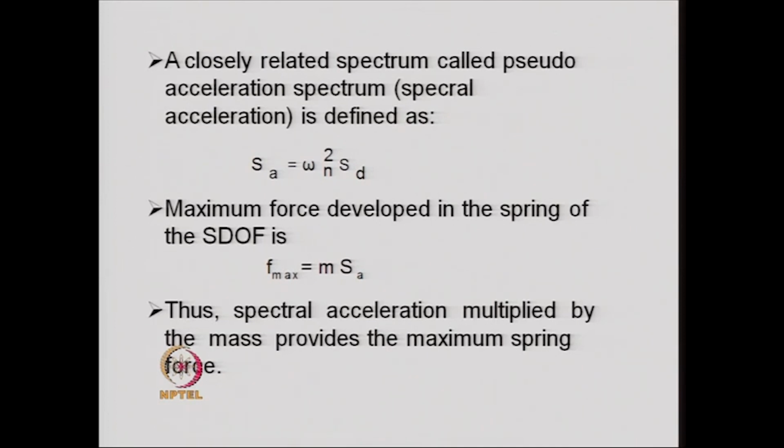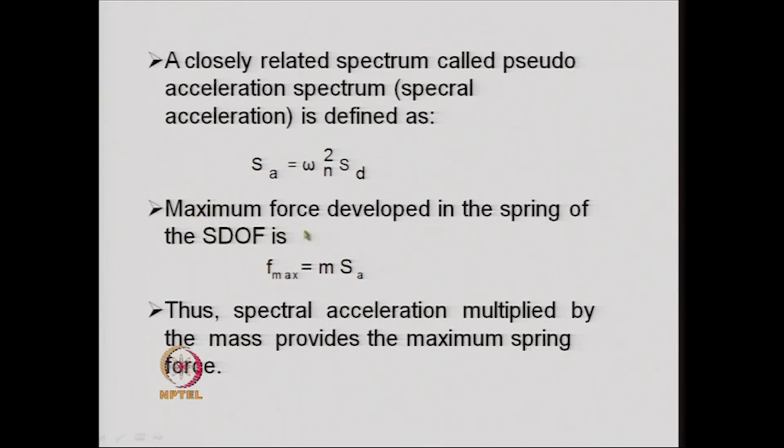In fact, for the plots that are available, they are not plotted against omega n, but they are plotted against the time period, that is 2 pi by omega n, giving the value of Tn. So, the plots are available against the period Tn.